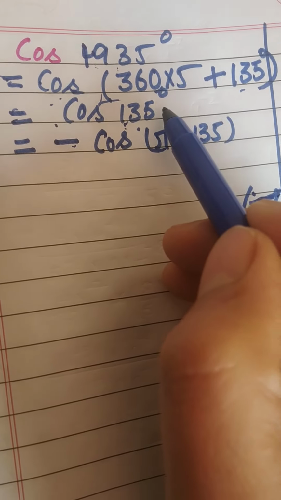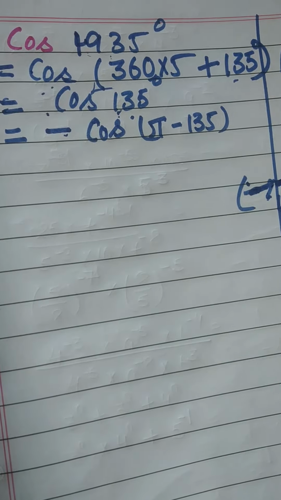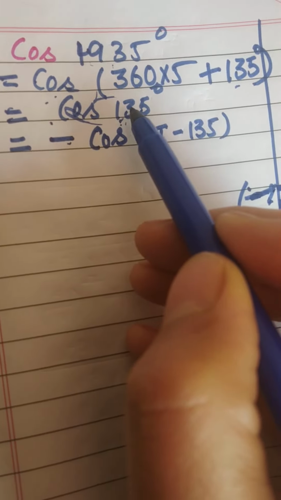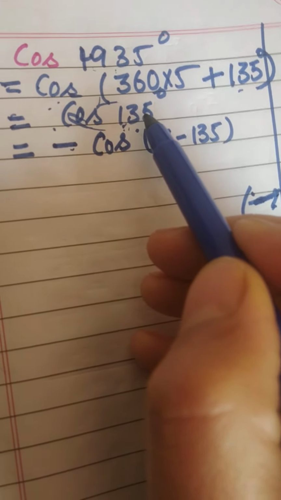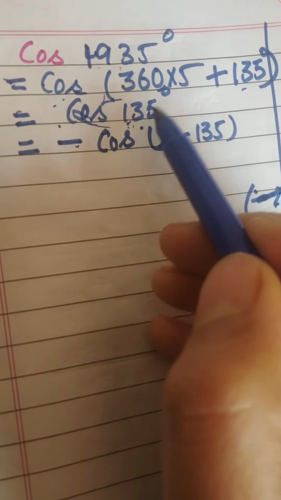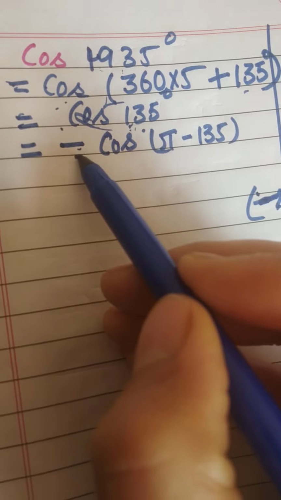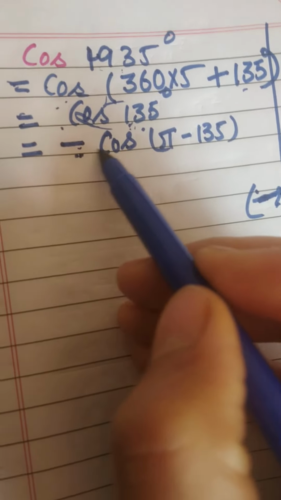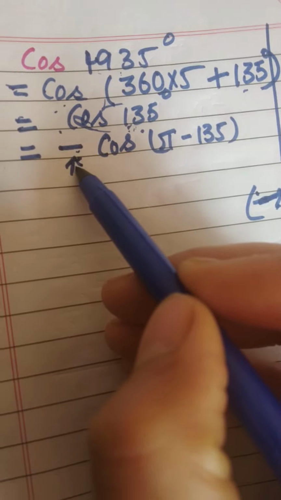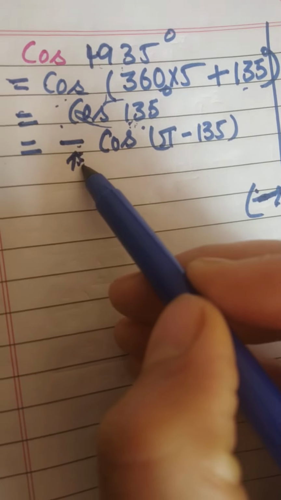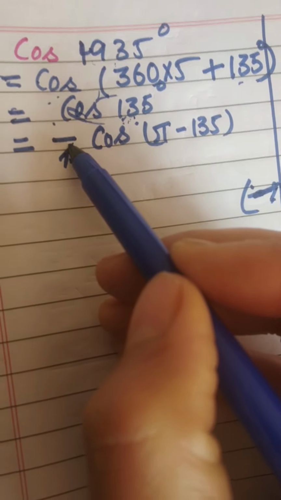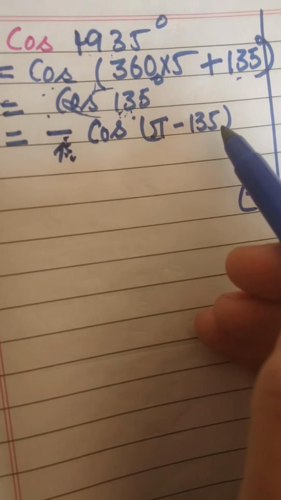But now from moving this to this, here we are using our concept. What is the concept? That cos of 135 degrees means we have to find out the cos component of a point which is located at 135 degrees. Okay, so first thing, it's going to be negative because it's in the second quadrant. 135 told us it is in the second quadrant, so we used 135 to write down the minus, and we used 135 to find out the magnitude.